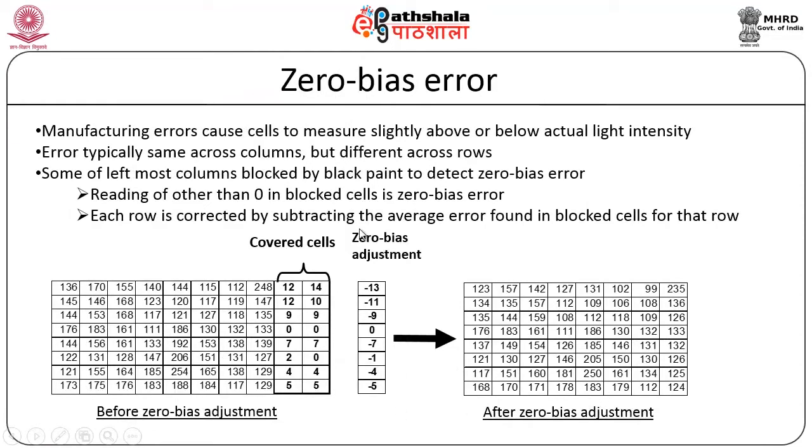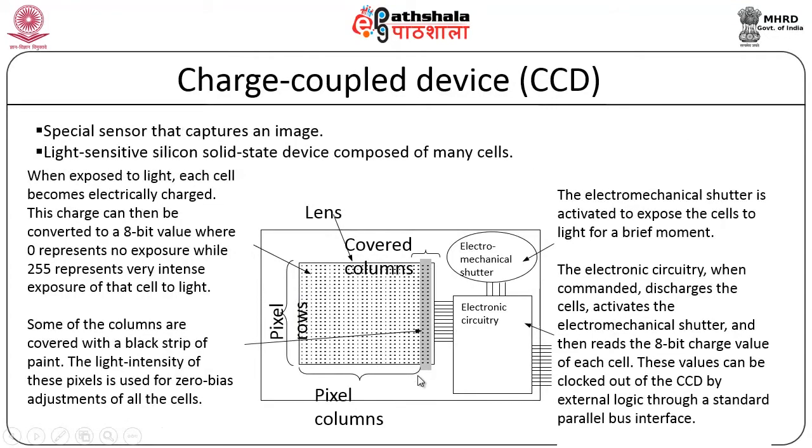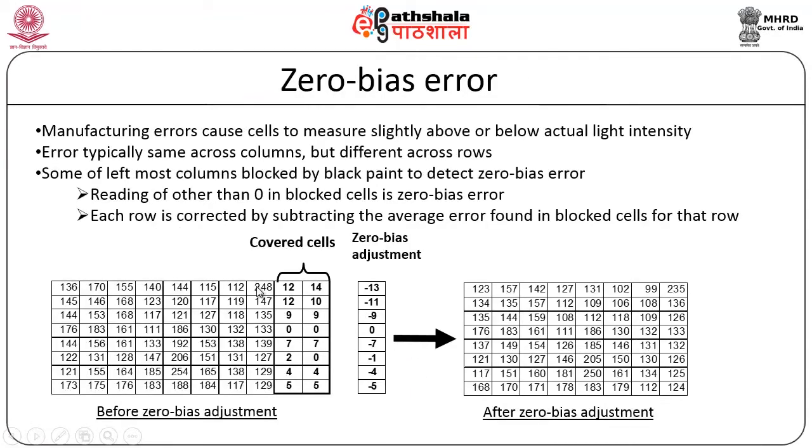For example, this is the data available in your charge coupled device. When you cover the data, these are the places where a black strip is placed. Look over here: this black strip is placed for zero correction, zero bias correction. When you capture the image, you get this kind of data. These are the places where the object is exposed, so I get a value.